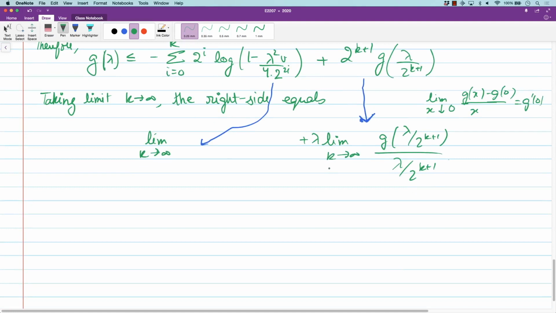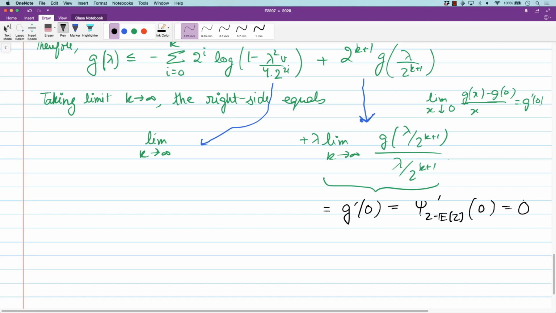So this limit here is equal to g prime of 0. But remember, our function g was this guy here, and we are taking its derivative with respect to lambda and putting it at 0, and this is a centered, zero-mean random variable, so this guy is also 0. Okay, so this term here is 0.